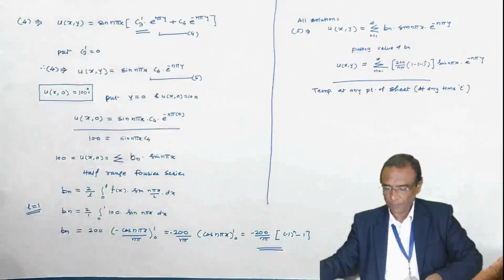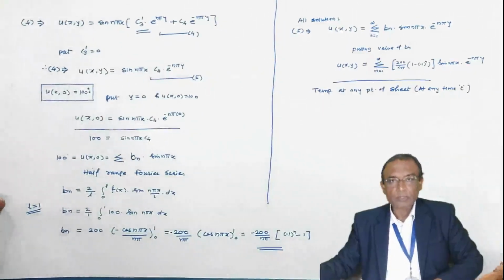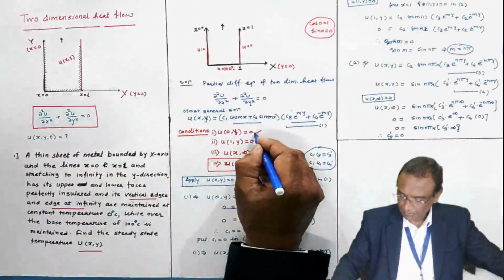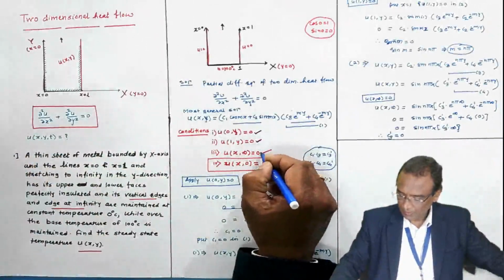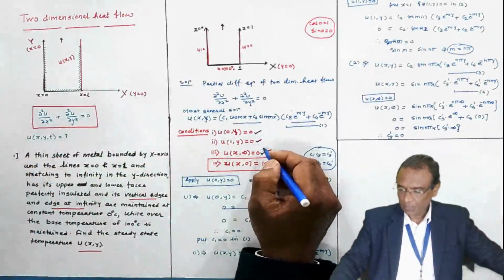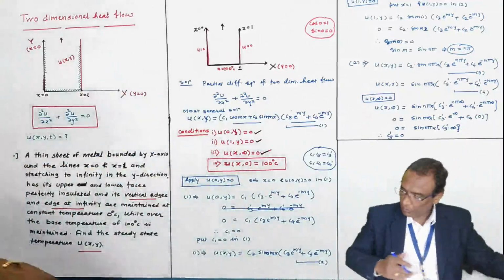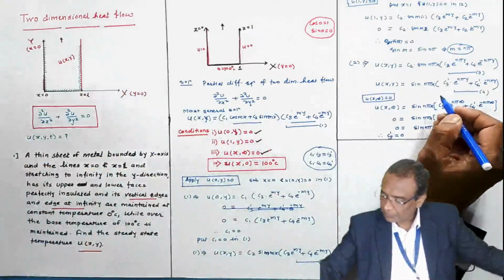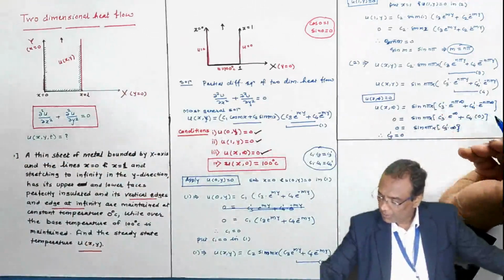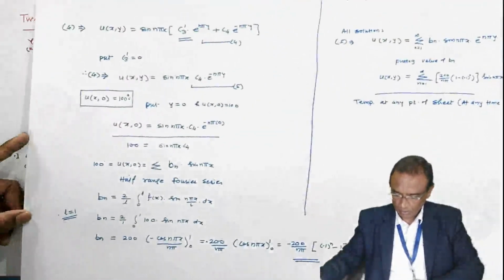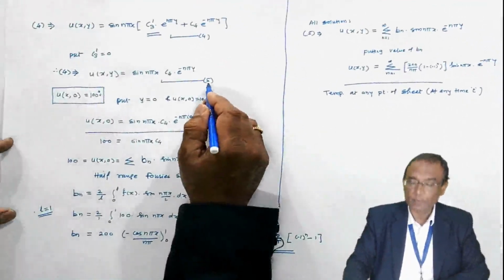Now the second one. In the second problem, as I told you, the first three conditions are the same. Therefore, the solution up to equation 5 will be the same.